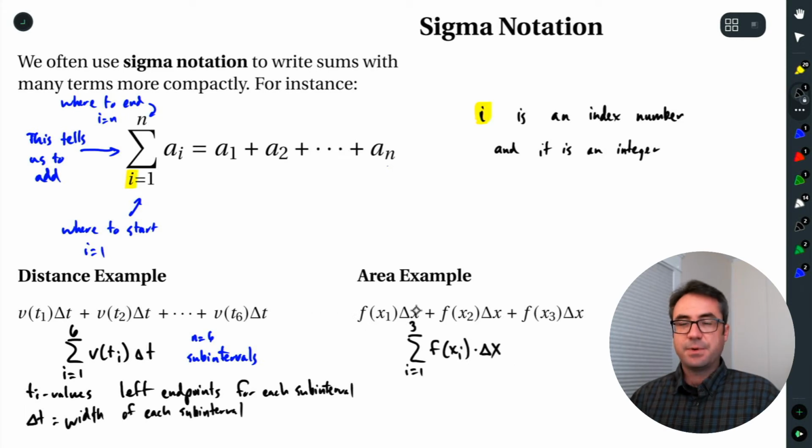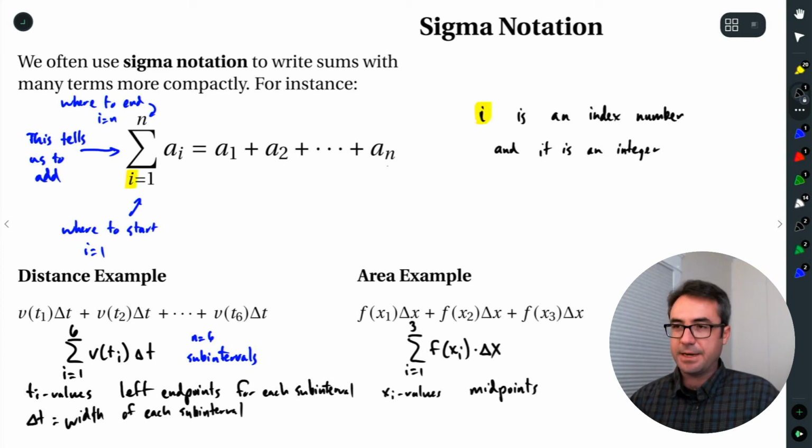So we have f of x1 times delta x plus f of x2 times delta x plus f of x3 times delta x. And for this one, the x sub i values, we didn't mention it, but those were actually midpoints.